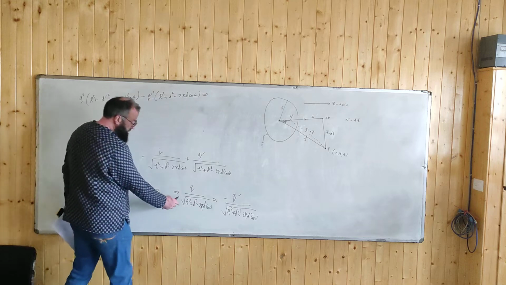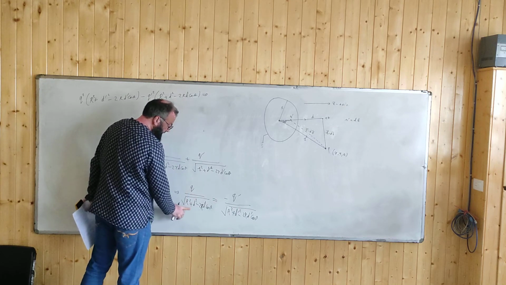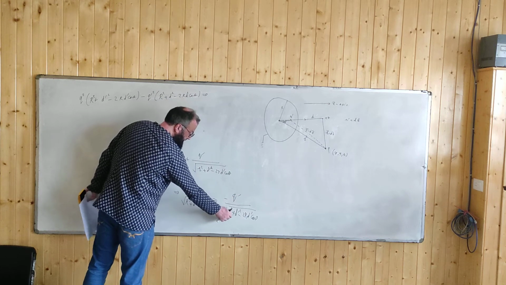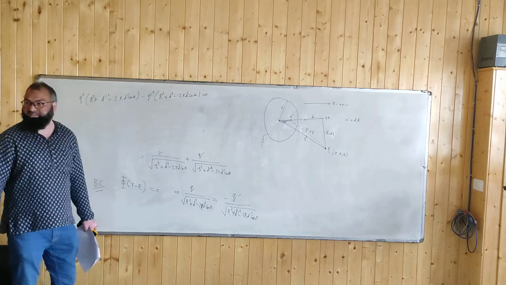When you square it up, it will be q square divided by this thing, q prime square divided by this object without the root. Then you multiply and take this on this side, you will have a minus sign. Clear?